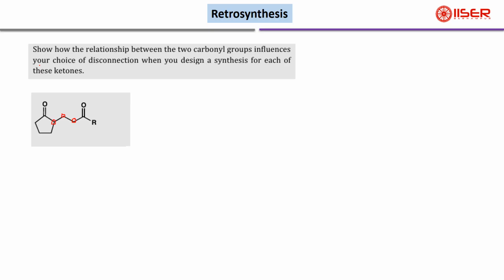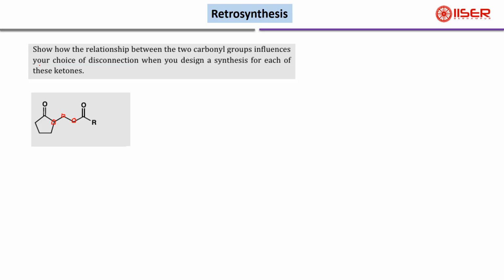When this is three carbons apart, obviously the cut will be from the alpha position of the cyclopentanone ring. Now you have to change the electrophile in such a way that you get three carbons apart. Whenever this is one carbon apart, we choose a simple ester.